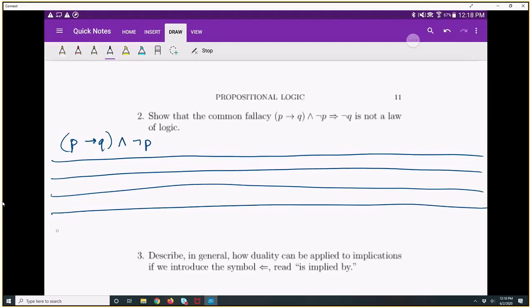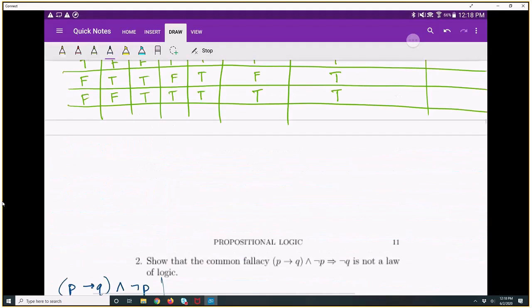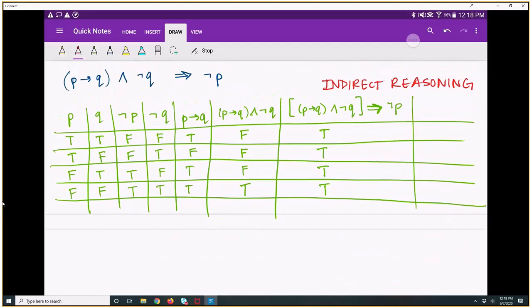And I'm going to use the truth table I already created to help me out. So P implies Q and not P is going to be true and false, false and false, then true and true, true and true.